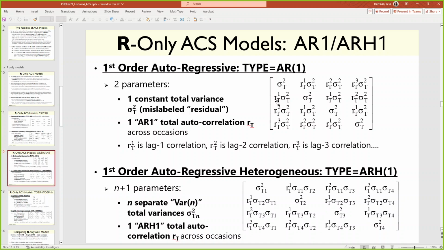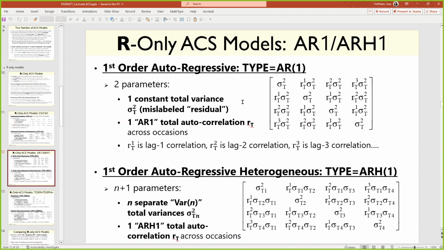And then it estimates directly an autocorrelation parameter in a correlation metric, and occasions that are 1 unit in time apart are supposed to be correlated R. Occasions that are 2 units in time apart are correlated R squared. 3 apart is R cubed. 4 apart is R to the fourth, then 5th, and 6th, and 7th.